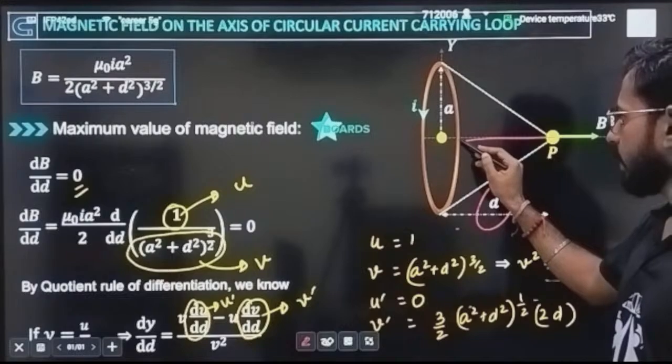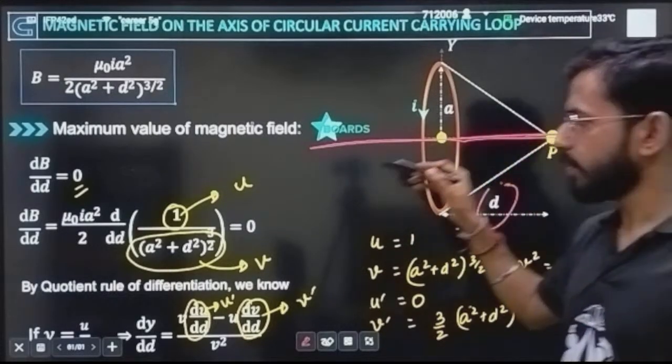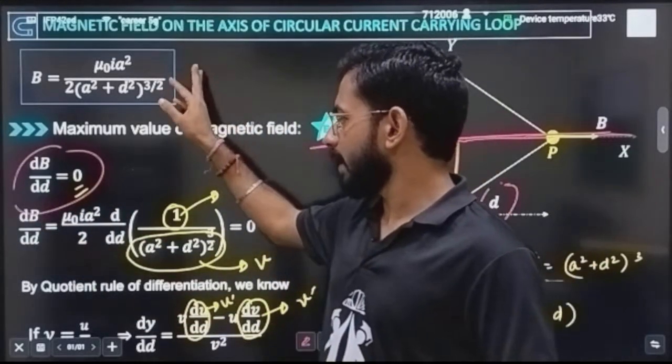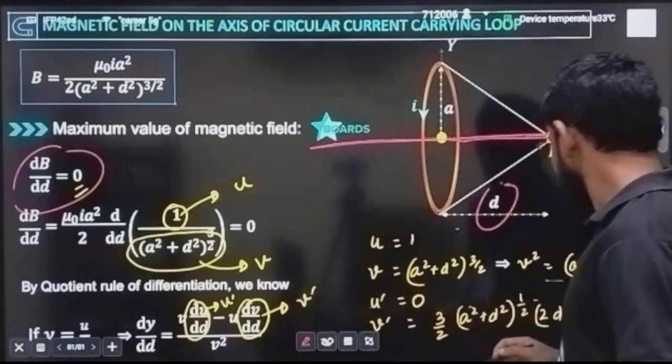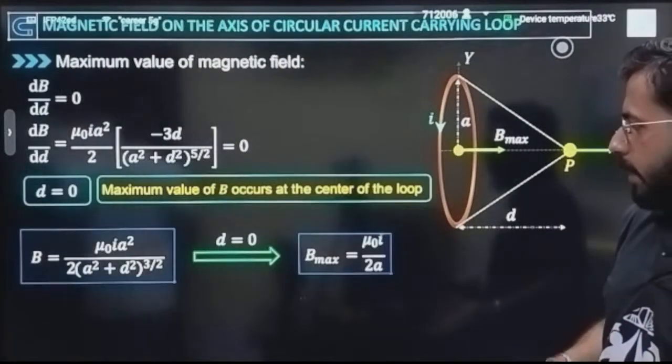This d is a variable, so differentiate your equation with respect to d. After differentiating, the final result you will get is d equal to 0.